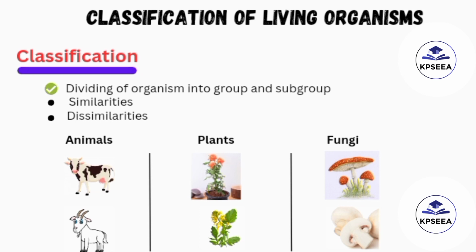And the mushroom and the morel look similar, that's why they are placed in fungi. So we divided these organisms on the basis of their similarities, and we separated them on the basis of their dissimilarities. What is classification? The division of organisms into groups and subgroups on the basis of their similarities and differences.